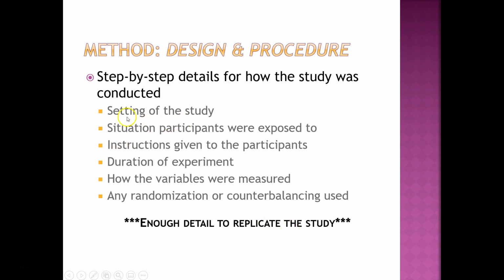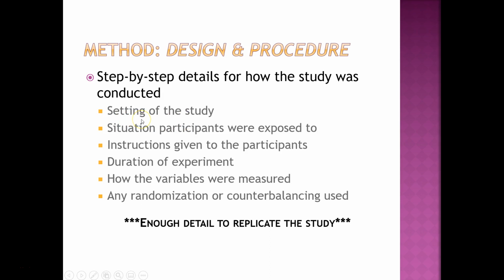So where was the study done? The study was done in a classroom setting, or in a large lecture hall on campus, or in a small individual room, or was done at the participant's home on a computer. Again, you're describing the study.